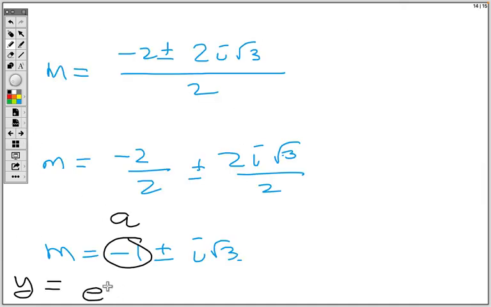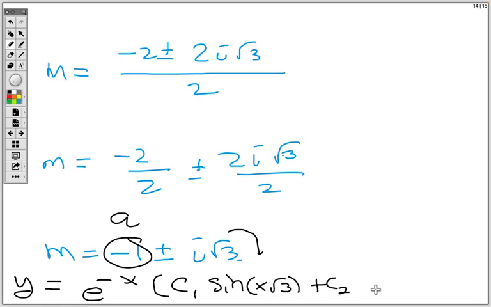So it'll be e to the minus 1x times, and then you got your c1, and then your oscillation, sine of, and that's the frequency of the oscillations, x square root 3, plus c2 cosine x square root 3. Okay, so that's how we would write that. And this is an important type of phenomenon we're going to see, because these are damped oscillations.